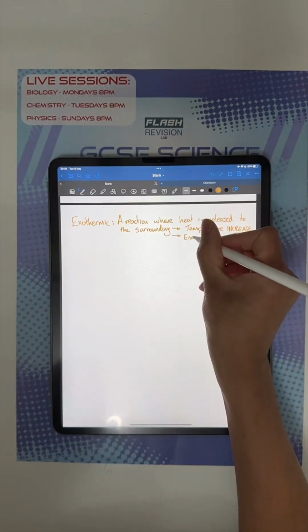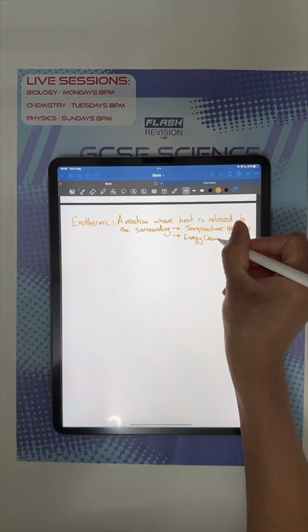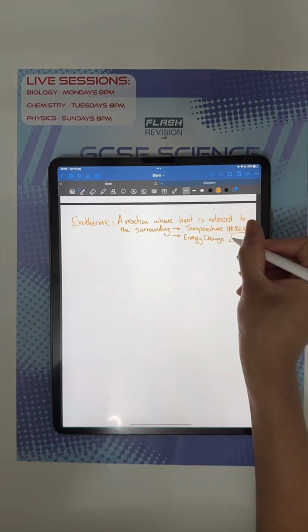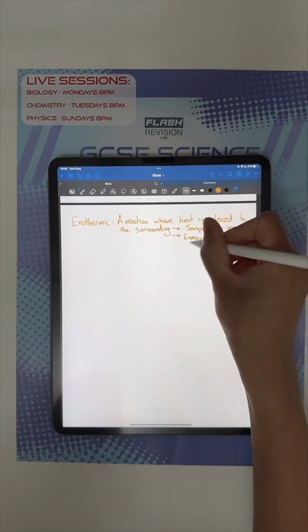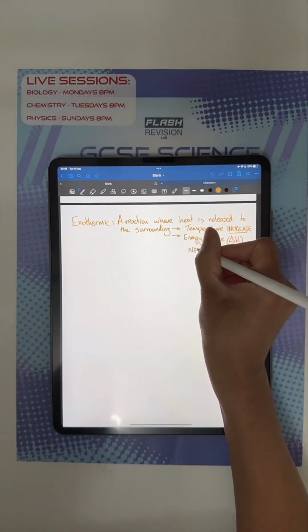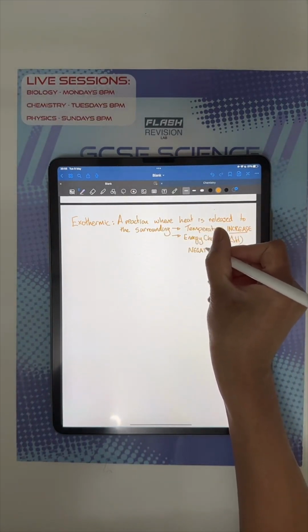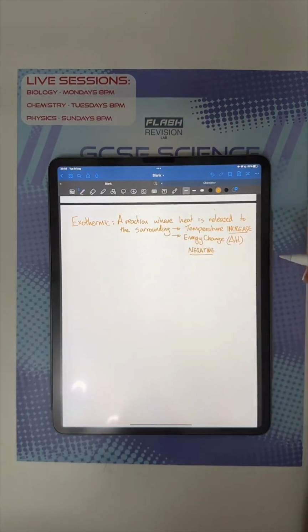Energy change, which we use the symbol delta H for, you might have seen this, delta H. That just means the total energy change in the reaction. Then the value for this is a negative value. So if you have a negative delta H value, it means you have an exothermic reaction.